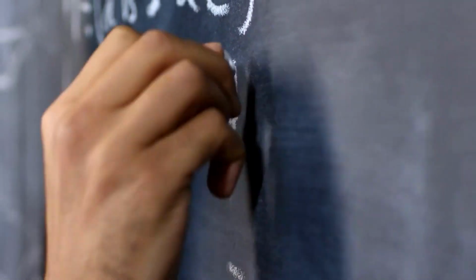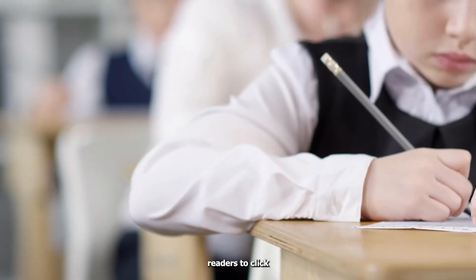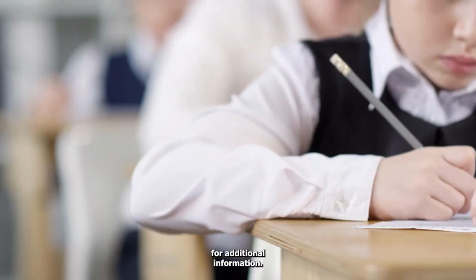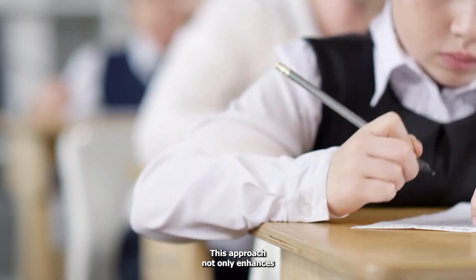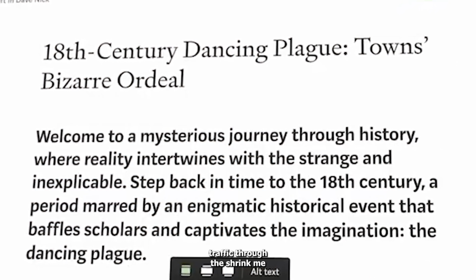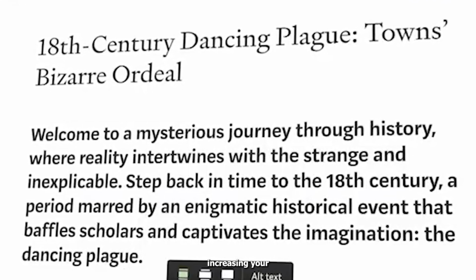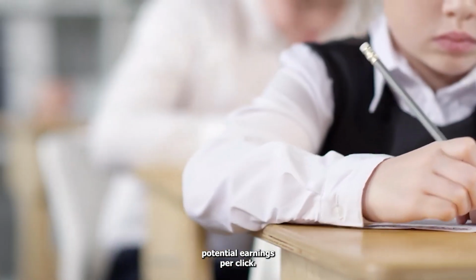Within the content, strategically place a call to action that prompts readers to click on the shortened link for additional information. This approach not only enhances user engagement but also directs traffic through the ShrinkMe.io link, thereby increasing your potential earnings per click.